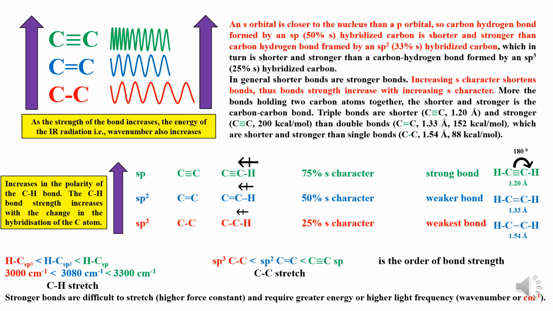And hence their absorption values will be in that particular order in the IR spectra, which I will be explaining later in the video. So stronger bonds are difficult to stretch and therefore require greater energy or a higher frequency of IR radiation.